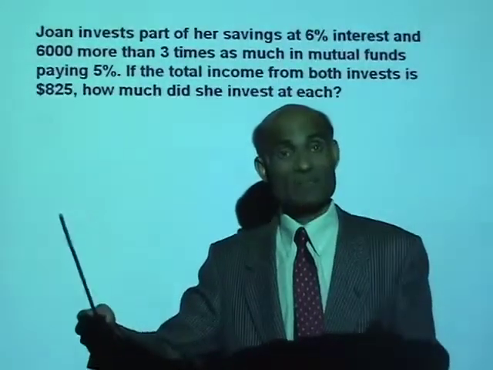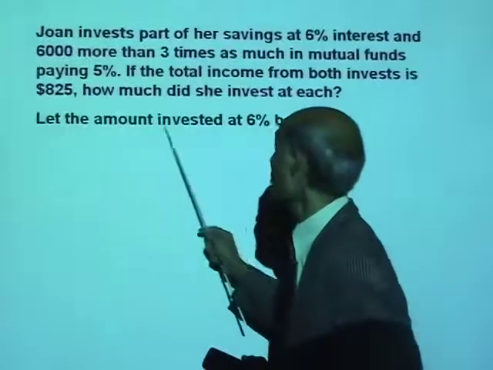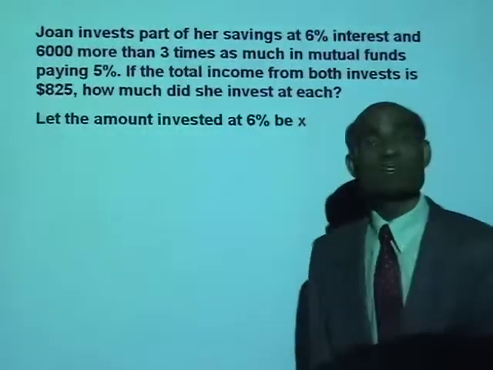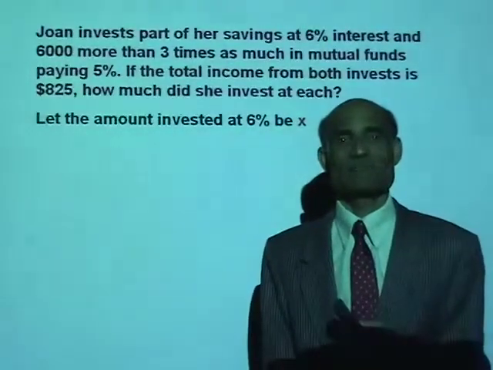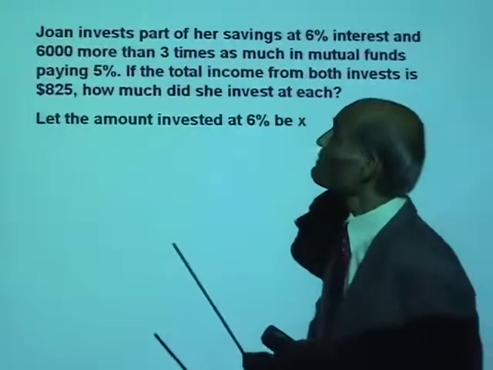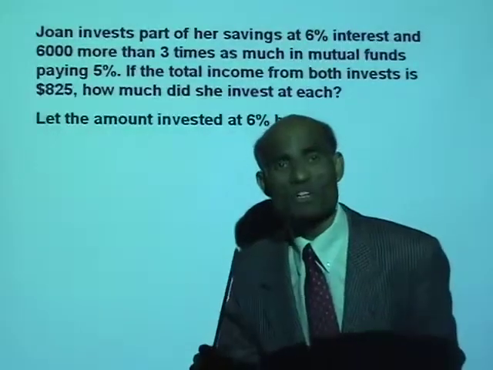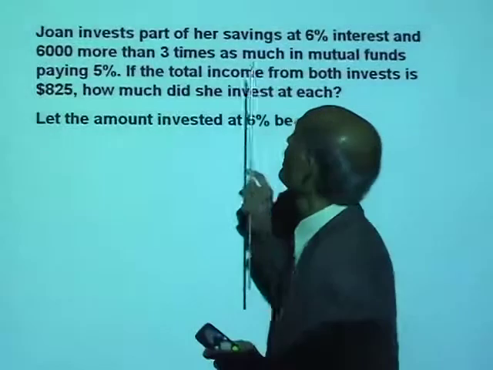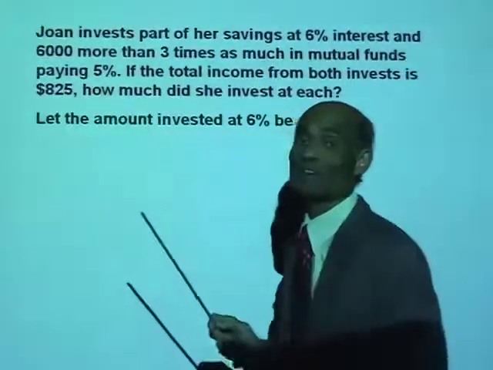Does it make sense? Alright, let the amount invested at 6% be equal to X. Is there any way to find out how much she invested in the mutual funds?